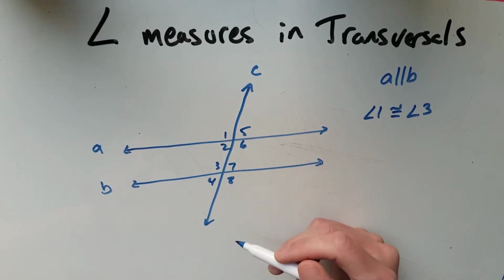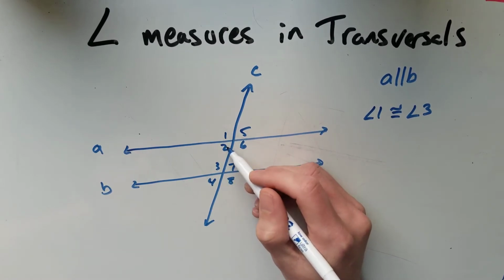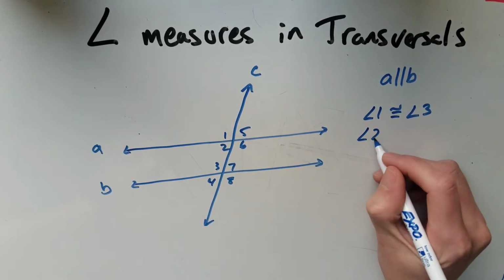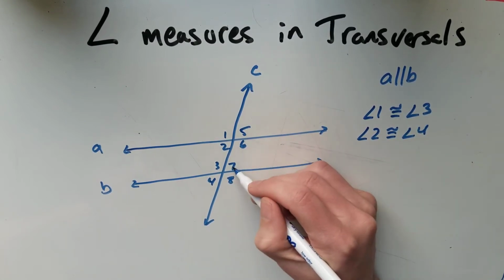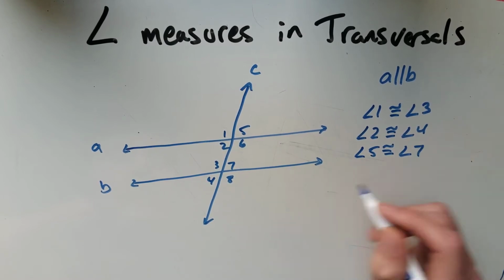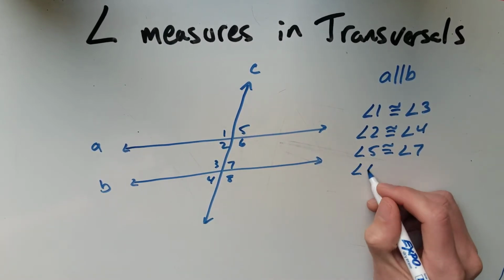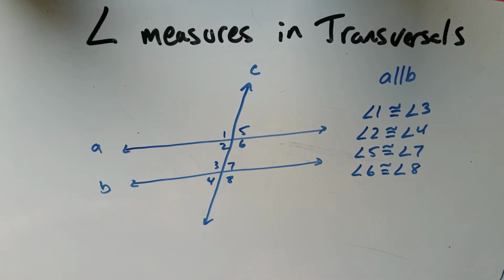So all the corresponding angles are going to be congruent. 1's going to be congruent with 3. 2 is going to be congruent with 4. 5 would be congruent with its corresponding angle, which is angle 7. And then 6 would be congruent with angle 8. So all corresponding angles are congruent.